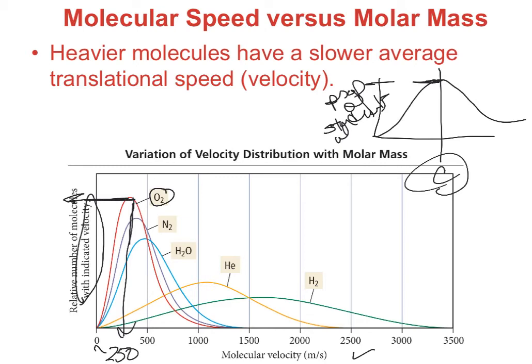Now, the highest proportion of nitrogen molecules at this same temperature, under the same conditions, have a speed closer to maybe 350. So you can see the trend here that as you go this way, the speed is increasing.